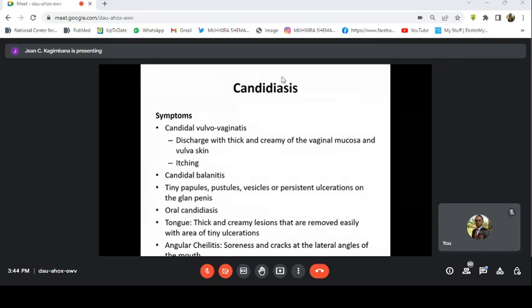Candida albicans is a normal flora in some parts of the body, like the skin? No, never. When you have it, it's always a problem. That's why, if someone asks again whether Candida albicans seen on one of the parts of the skin is normal flora, I say no, it's always a problem.